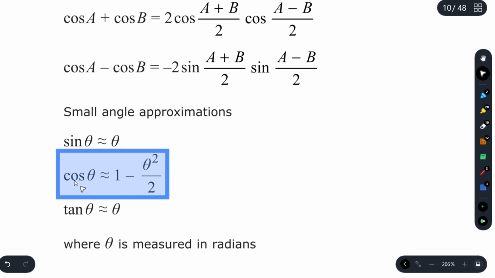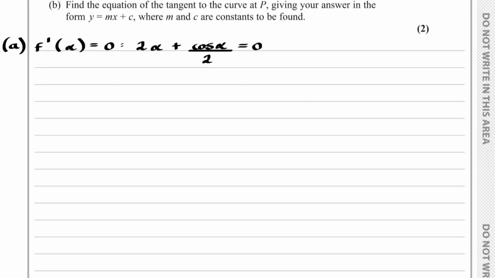We know that cos theta is approximately 1 subtract theta squared over 2. And so using that, we have 2 alpha plus 1/2 multiplied by cos alpha, which is approximately equal to 1 subtract alpha squared over 2, and this is equal to 0.